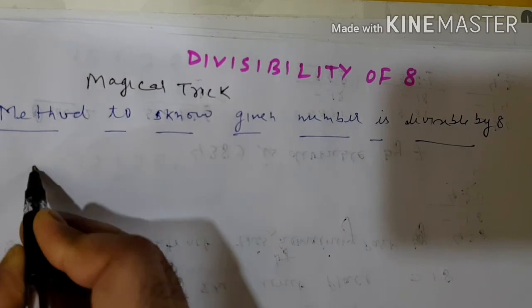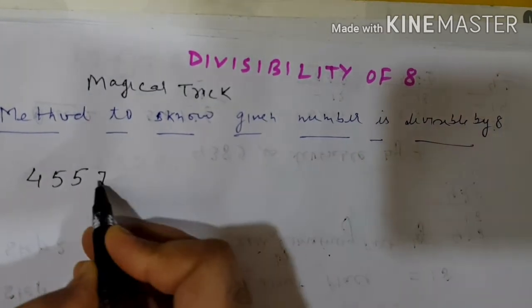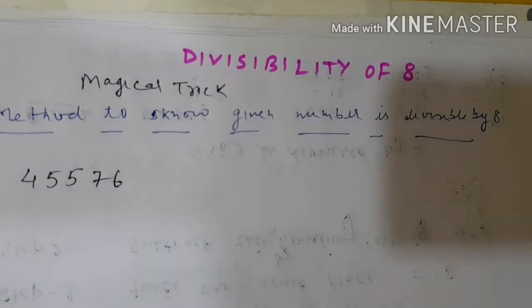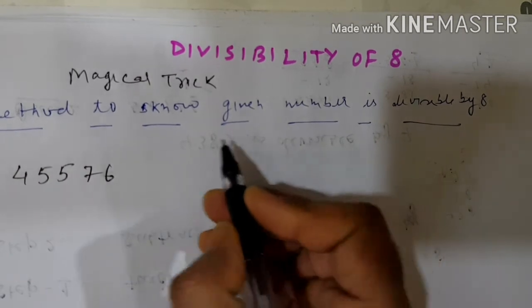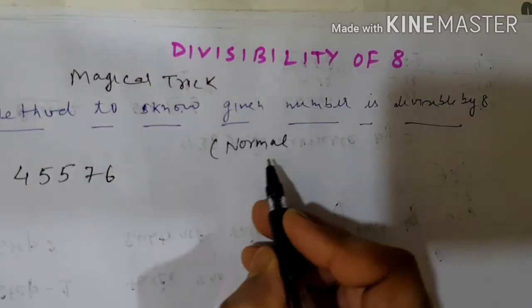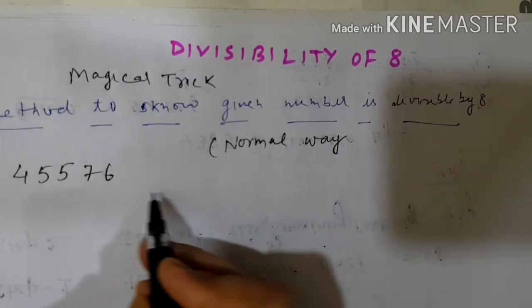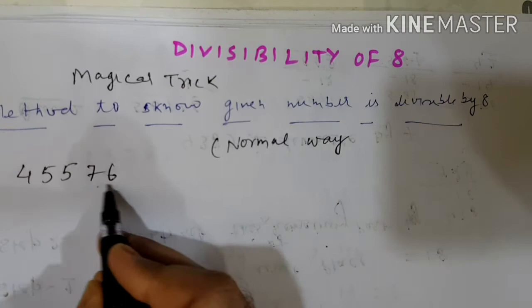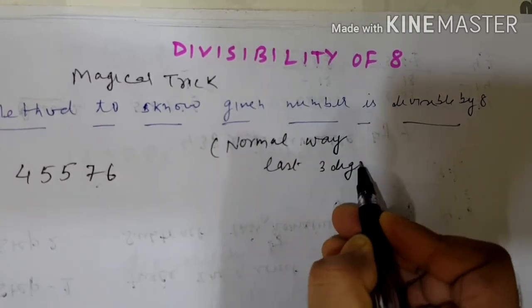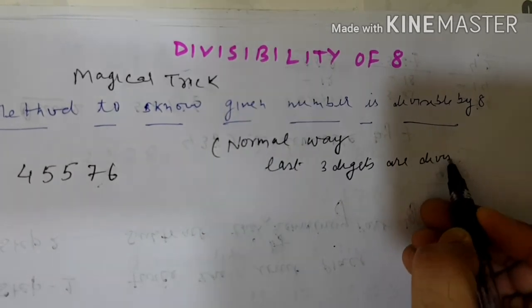A number is given, 45576, and we have to know whether this number is divisible by 8 or not. The normal way is a basic method and it's always correct. Check whether the last 3 digits are divisible by 8 or not.